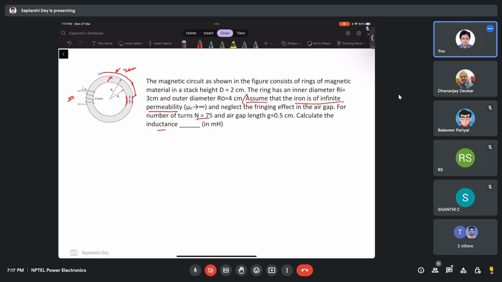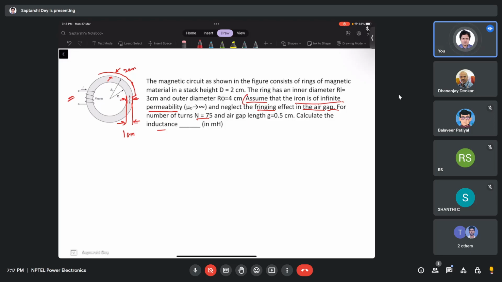And neglect the fringing effect in the air gap means whatever thickness we have been given, 4 centimeter, 3 centimeters, so whatever 1 centimeter thickness we have been given here, that is the path of the magnetic flux, right?